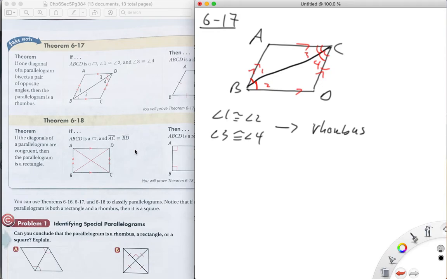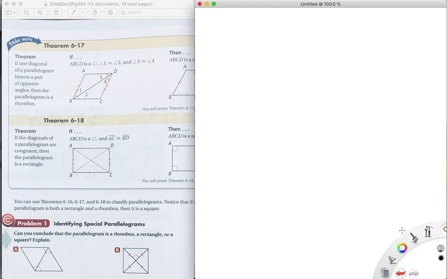6.18. If the diagonals of a parallelogram are congruent, then the parallelogram is a rectangle. I have a parallelogram, and I know it's a parallelogram, so at least I know that opposite sides are parallel.